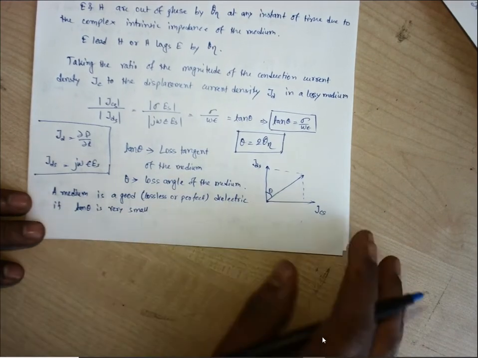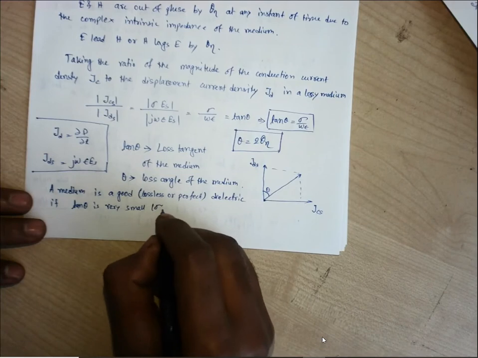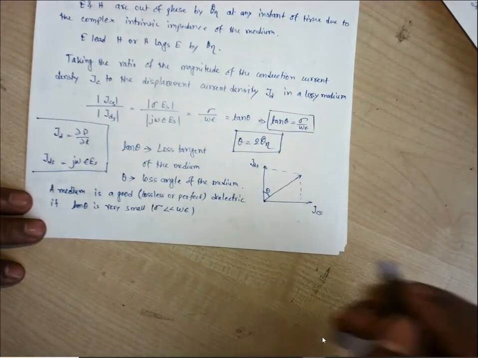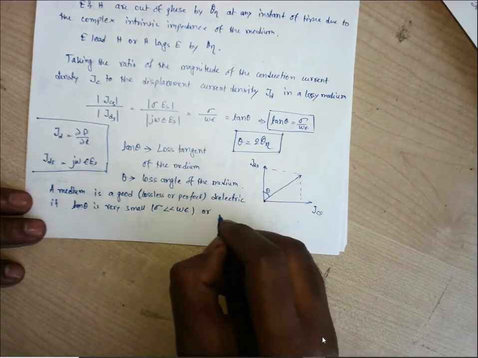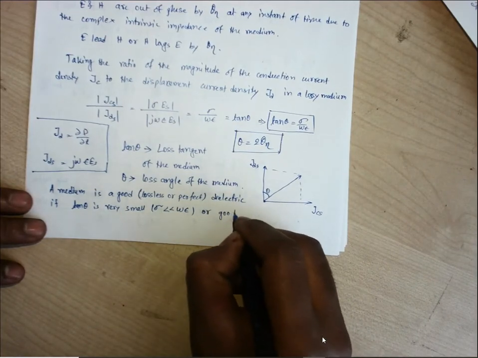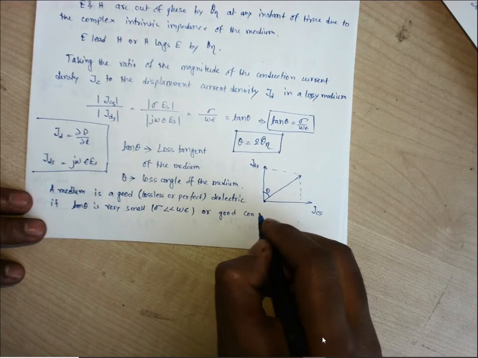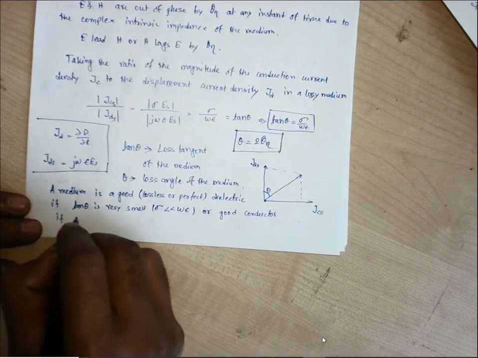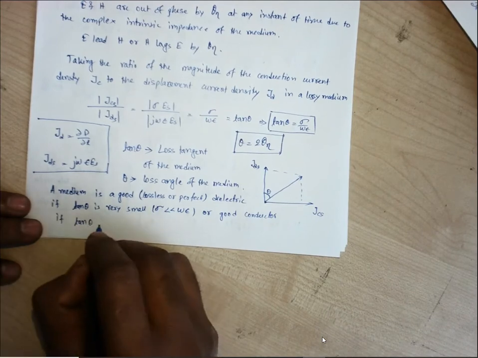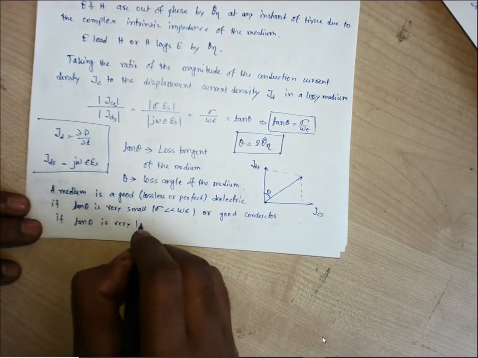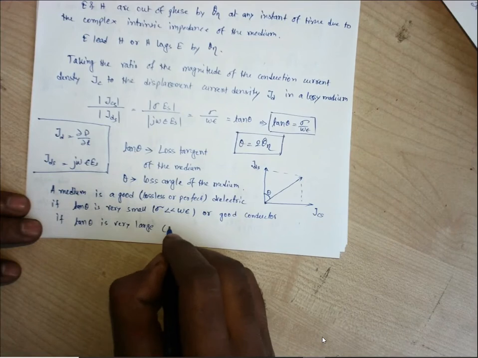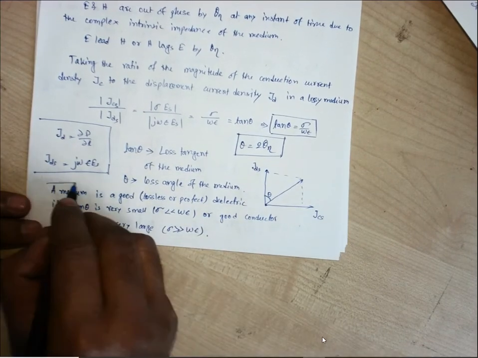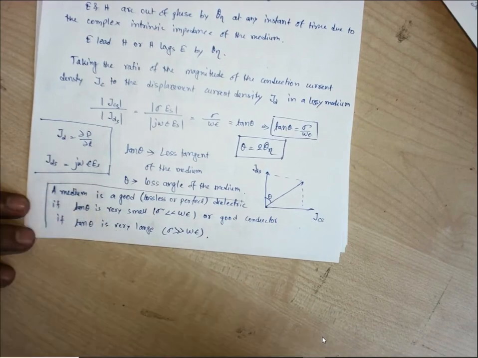So what does it mean? Sigma less than omega epsilon, then only this tan theta will be small. Or good conductor, if tan theta is very large. For this case, sigma should be greater than omega epsilon. So this is an important thing to remember.